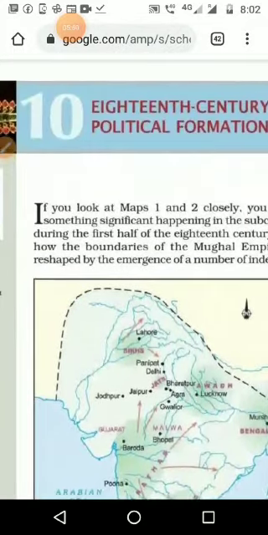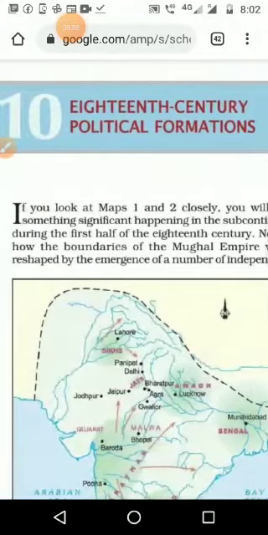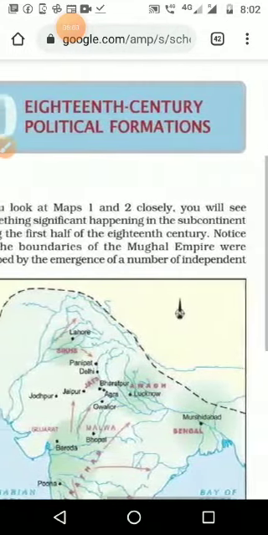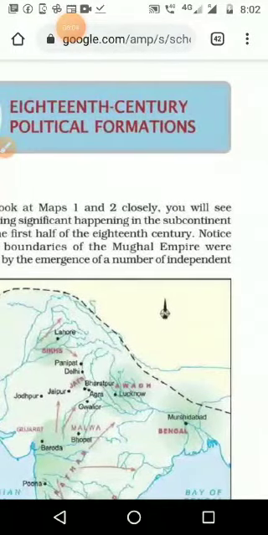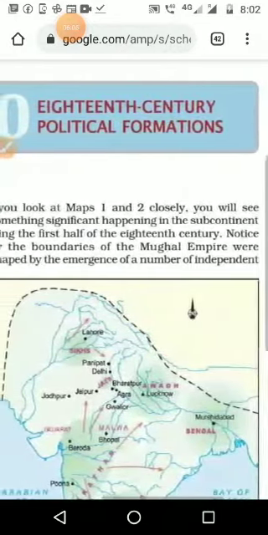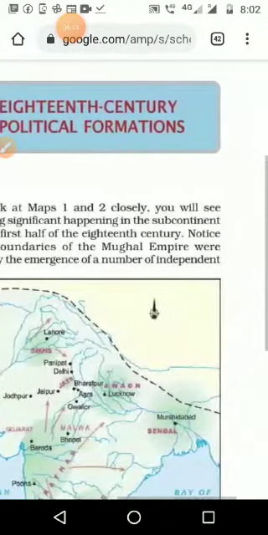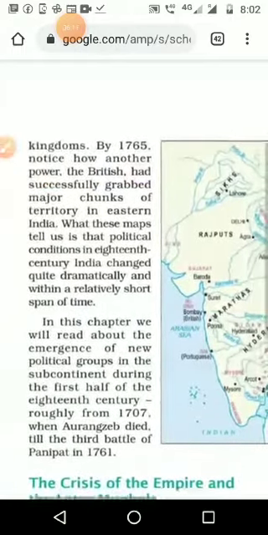Okay, the Mughal emperor was very powerful in the starting of the 17th century. From the end or middle time onwards, other people, European people especially, the British, started to get power in their hands. Notice how the boundaries of the Mughal empire were reshaped by the emergence of a number of independent kingdoms by 1765.